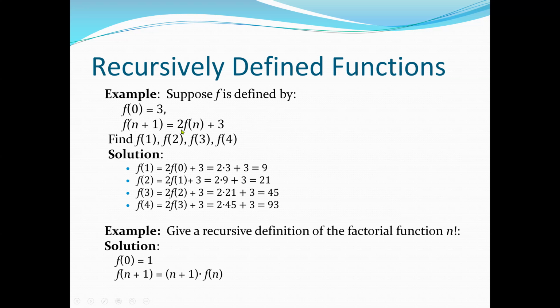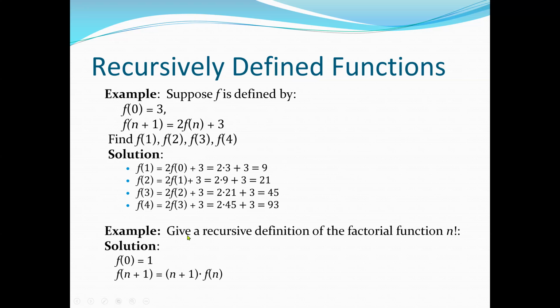But here the formula is 2f(n), so we have to double the function value, then we add 3. So if I'm looking for f at 4, f at 3 is 45. So I'll multiply 45 by 2, double it to 90, plus 3, which will be 93.